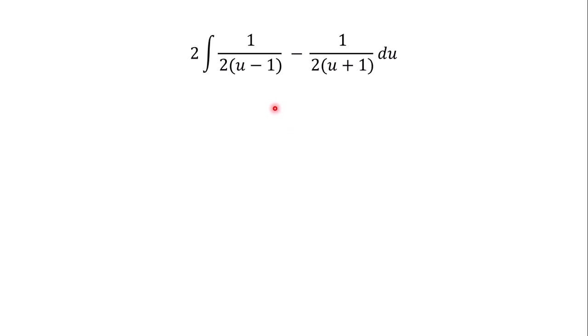Like I said, you are just going to factor out the 1 over 2. Remember, though we are taking the half outside, there will still be 1 here.